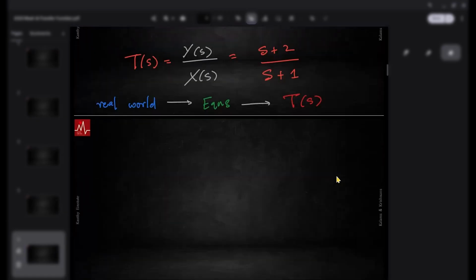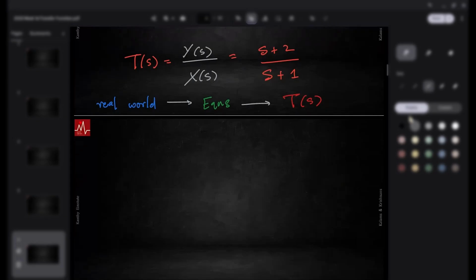So the simplest, let me also give that example then and there itself. You have a capacitor. Notice the equation corresponding to that is I equals C dV by dt.